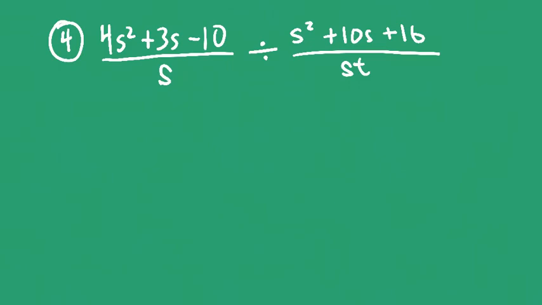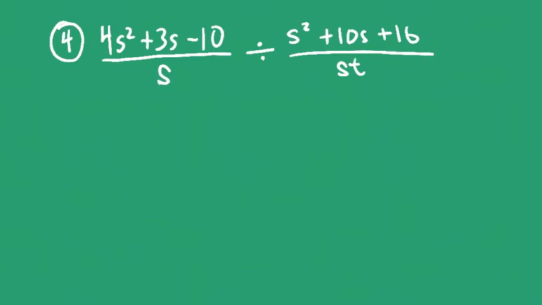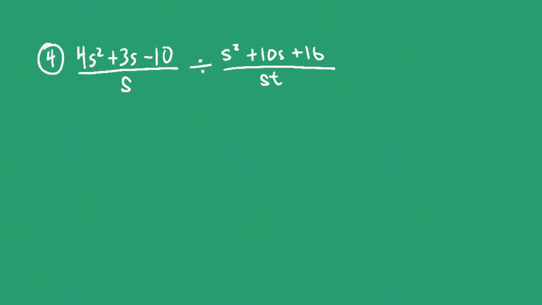All right, last example, 4s squared plus 3s minus 10 over s divided by s squared plus 10s plus 16 over st. So again, we're going to factor any binomials or trinomials.